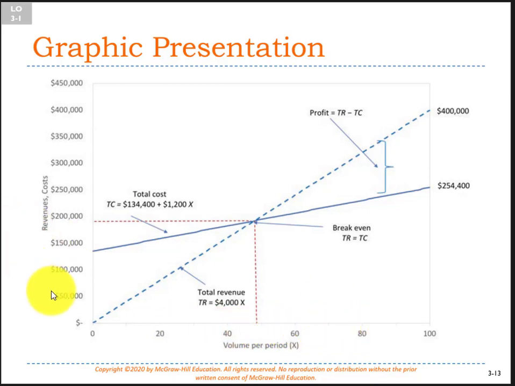This is your dollar amount, whether it be a cost or a revenue. So as we're measuring dollars for revenue, as your trips go up, it goes up in a perfectly sloped line, 4,000 for each additional trip. So at 100 trips, it would be 400,000. At 0 trips, it would be 0.